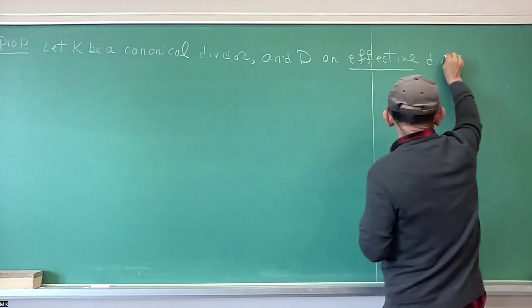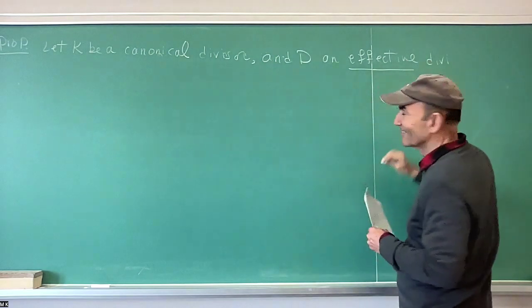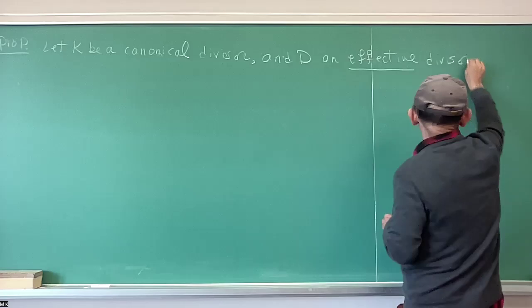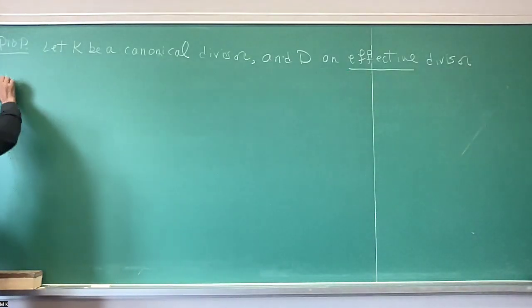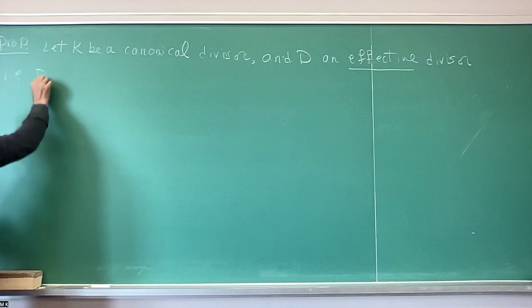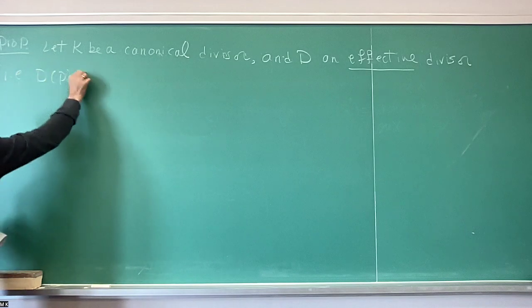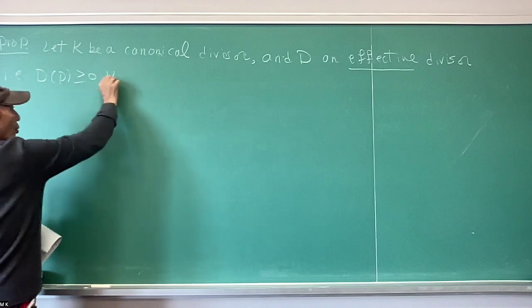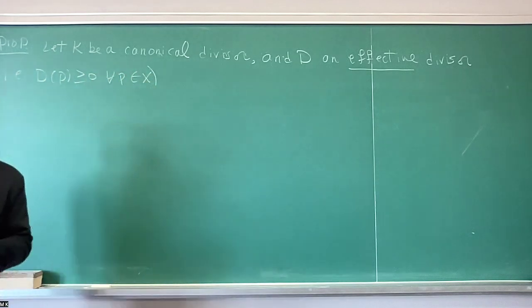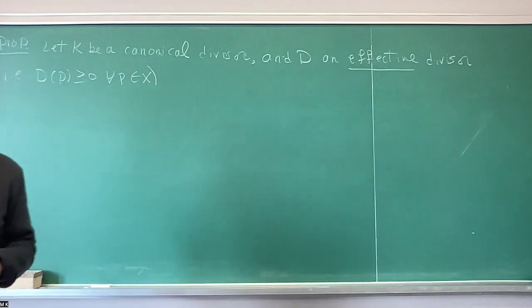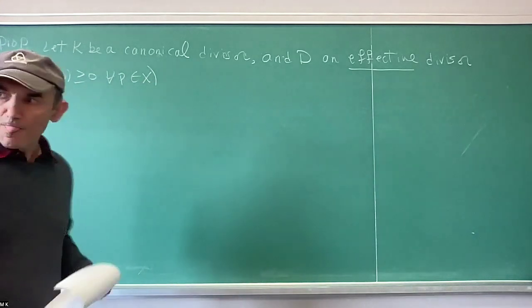Effective means D of P is bigger than or equal to 0 for all points P in X. So the index of every point is non-negative at all points.